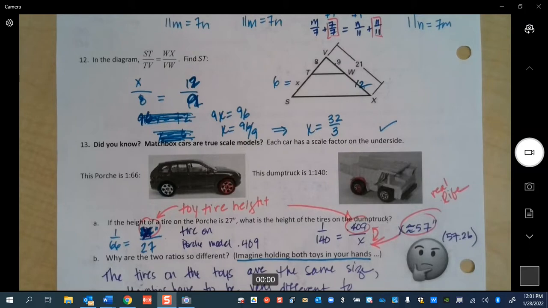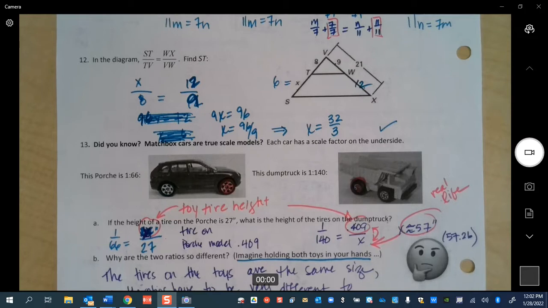And then we can talk about matchbox cars. So matchbox cars are so very cool. I don't know if you guys have ever played with matchbox cars. I'm assuming the answer is yes. But matchbox cars are different from Hot Wheels because matchbox cars are actual replicas of real life cars.